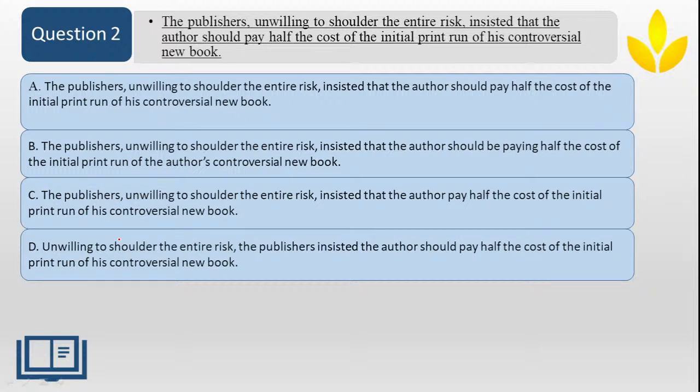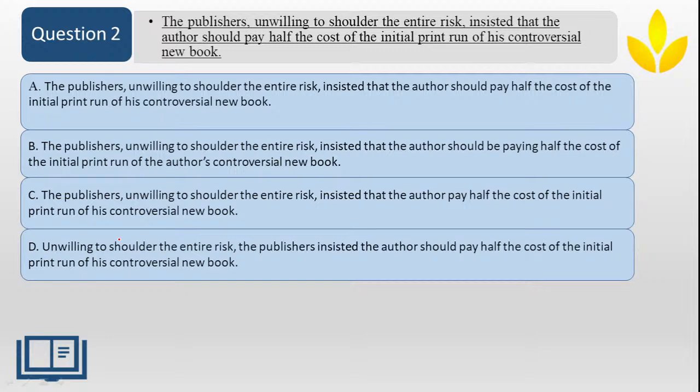The publishers, comma, the publishers, comma, the publishers, comma, unwilling to shoulder the entire risk. Again, the comma punctuation is given in all three options. Then again, insisted that is common, author. Now it is changing: should pay half the cost, should be paying, author pay half the cost of initial print. So these three follow a pattern. The last one is entirely different.